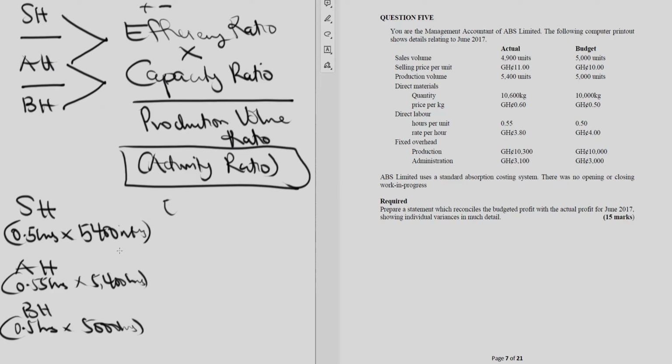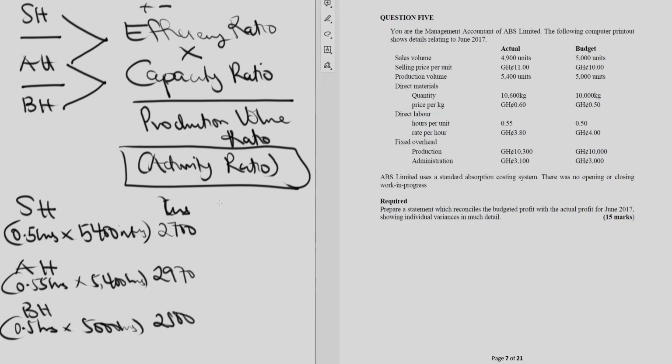So 54 by 0.5, that means here we get 2,700 hours. Okay, so these ones are hours. Then 0.55 by 54, we get 2,970. And then 0.5 by 5,000 gives us 2,500 labor hours.